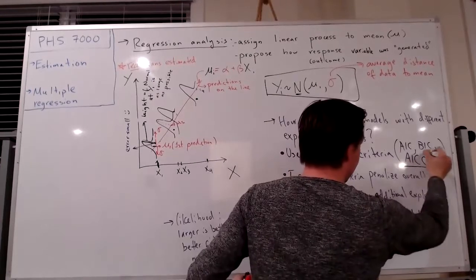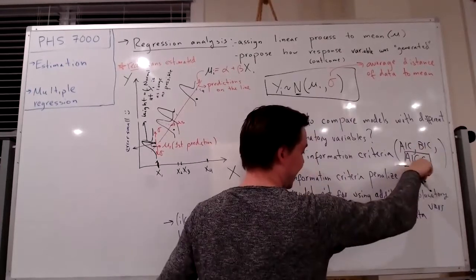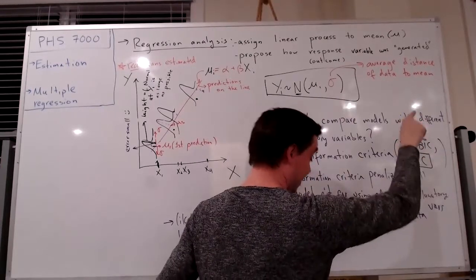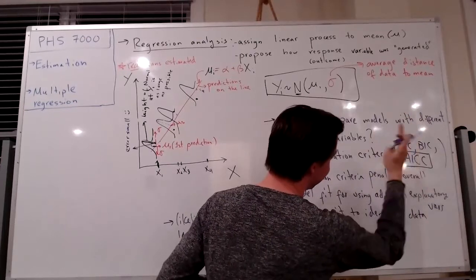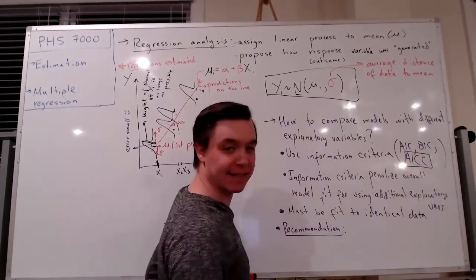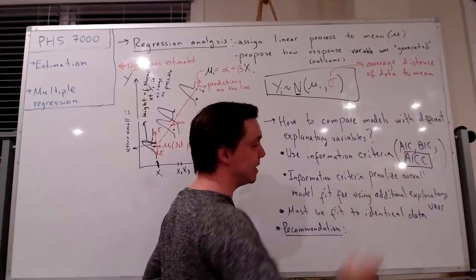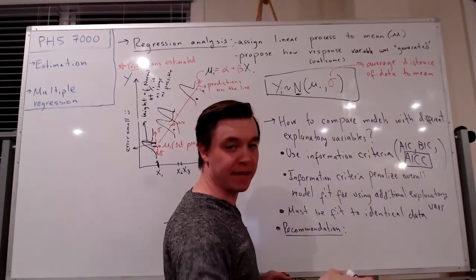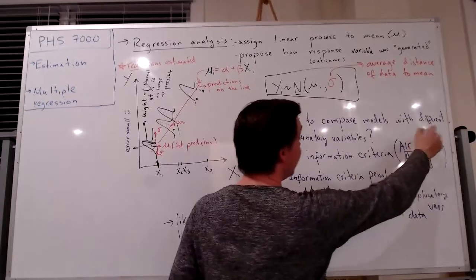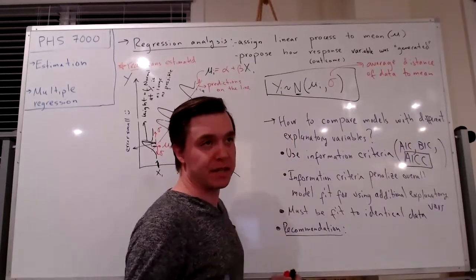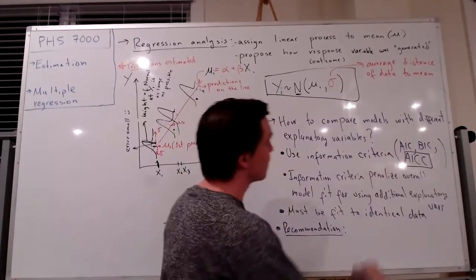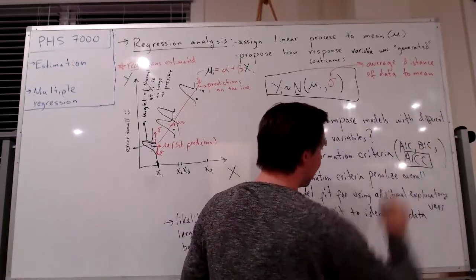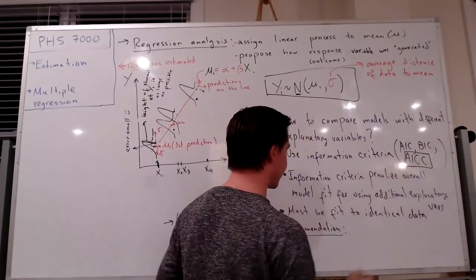The last C in AICC is corrected AIC. AIC stands for Akaike Information Criteria. BIC stands for Bayesian Information Criteria, though it is not Bayesian. AICC stands for Corrected Information Criteria.